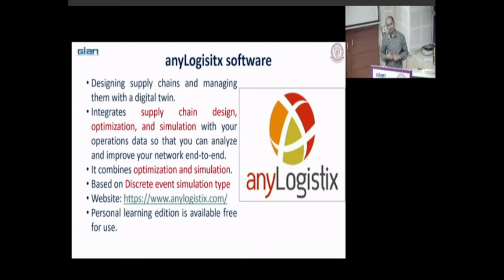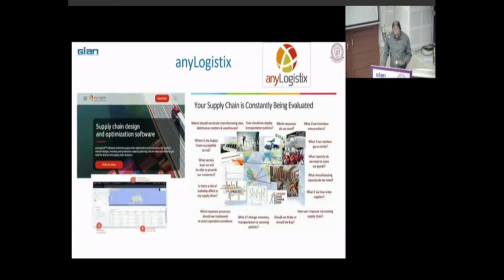You cannot go above 100 customers in the personal learning edition. But that is sufficient to understand how the tool works. And once you get that, if you get the academic version, then you can solve complicated problems as well. So what kind of problems can you solve?